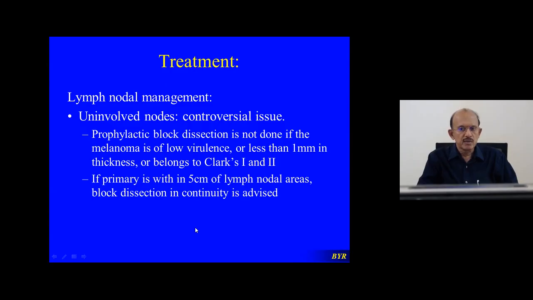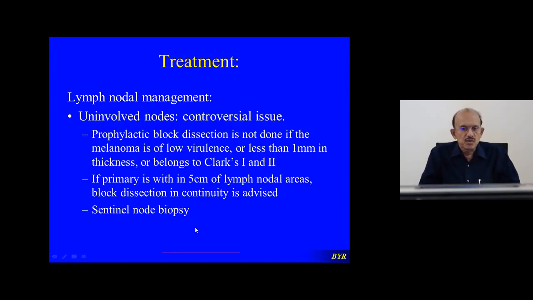If primary is within 5 centimeters of the lymph nodal area, block dissection in continuity is advised. That means if the lesion is at the inguinal region, for example, then the inguinal lymph nodes also are excised along with the lesion. You can do sentinel node biopsy and confirm whether the sentinel node is positive or not.